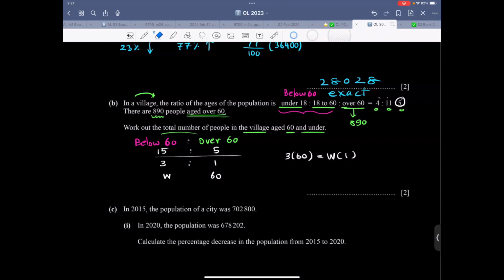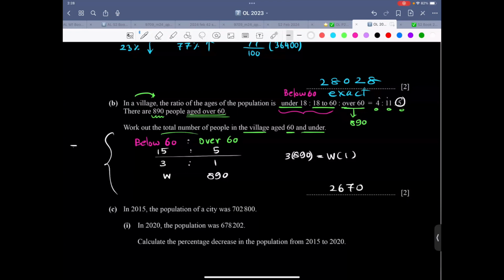My bad. So let me correct this. So this is 890 over here. And all of a sudden, I was looking at how come it's becoming so small. So this is 3 into 890. That is 2400 plus 270. So therefore, this comes out to be 2670. That is the number of people in the village aged 60 and under.